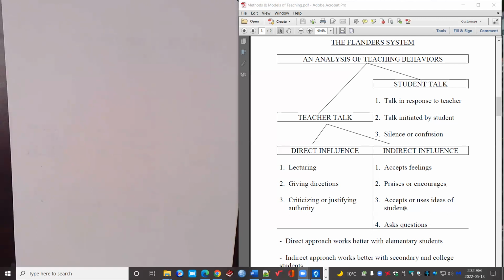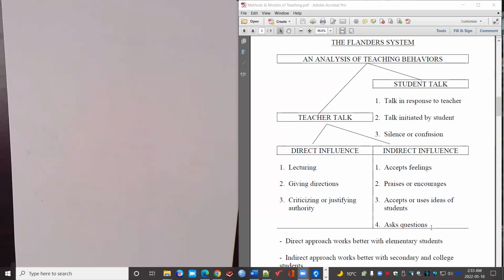Accepts or uses ideas of students. That is to say, the teacher clarifies, builds, or develops ideas suggested by a student. In this way the student likes it, because you accentuate the positive.